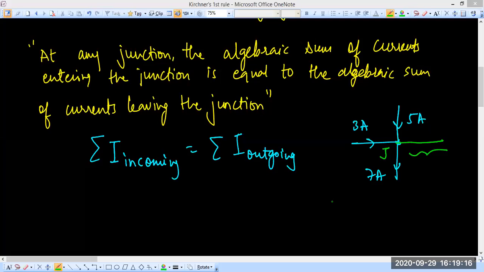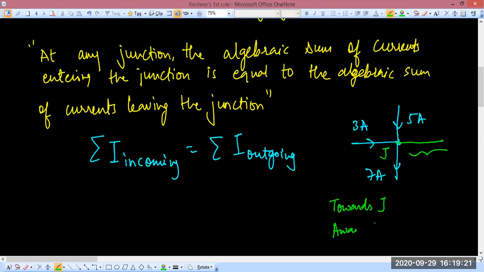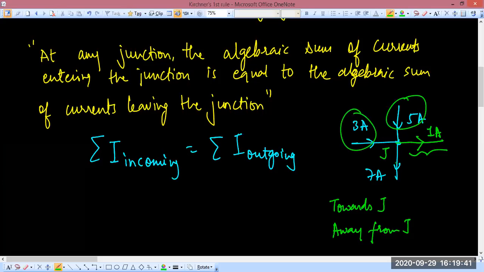In which direction? Towards J or away from J? Yes, it's right. Away from J. It will be 1 ampere. See the total: incoming total is 8, so outgoing total should be 8. I hope that is very clear. Isn't this like child's play?